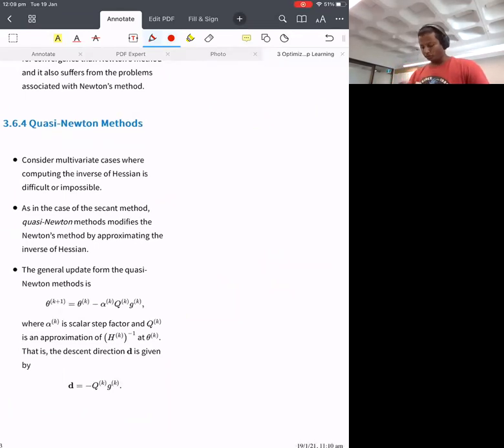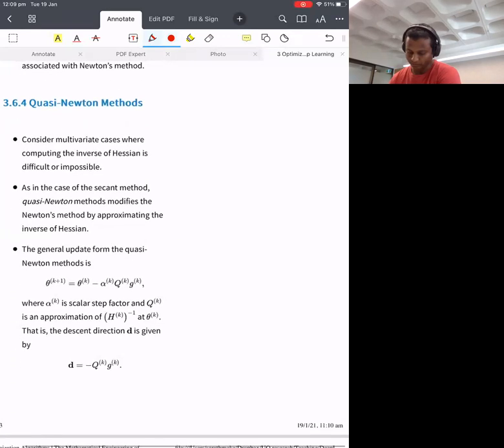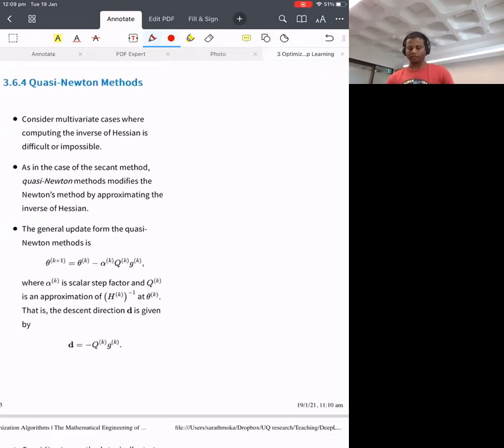We don't get into too many details here, but there are three prominent methods in the literature, and we have an exercise at the end. You can go home and implement them. The implementation is not very difficult, and you can see how it performs better than the other methods. So how do you do that?